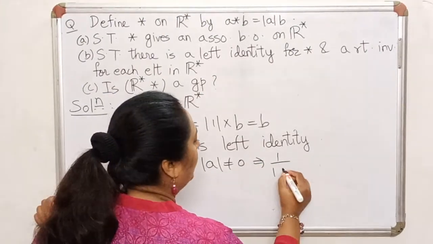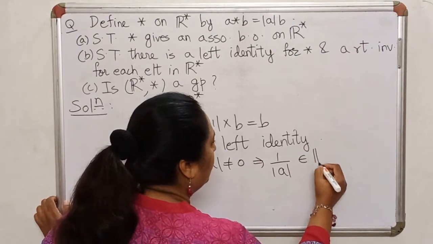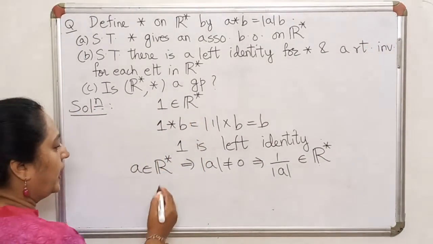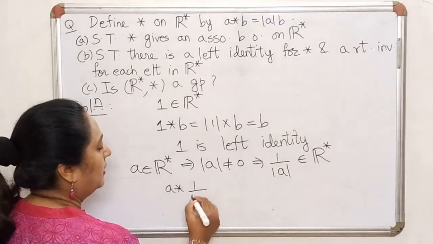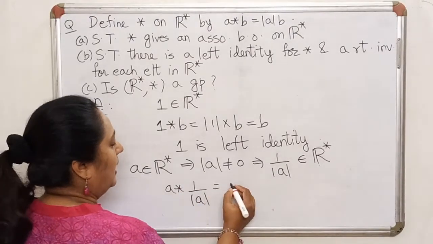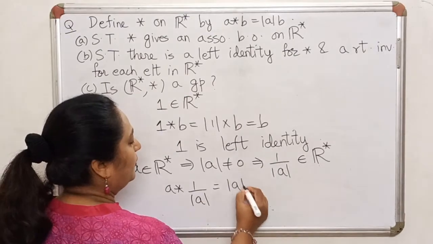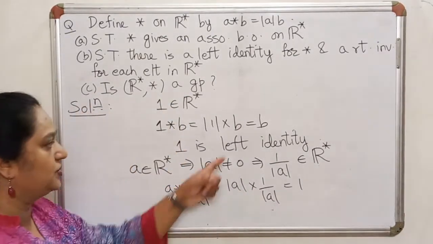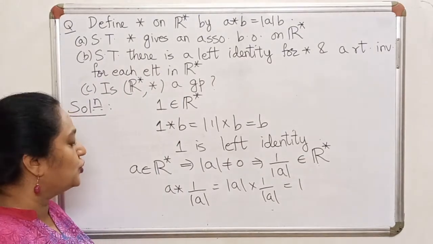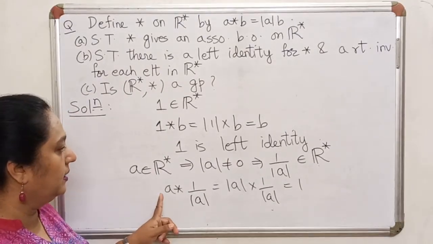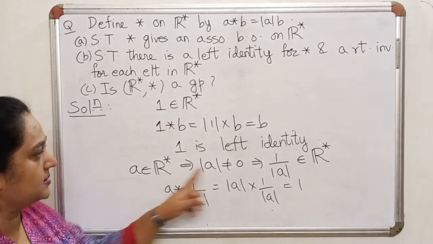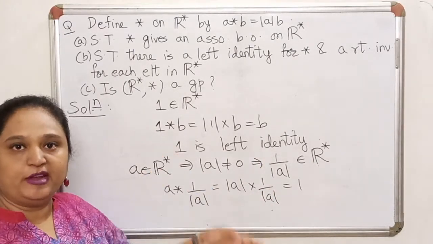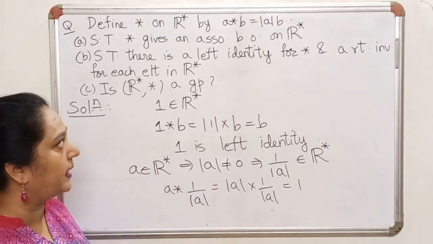So if you look at 1 upon modulus of A, that is defined, and it is a non-zero real number. Now if you look at A star this element, then I will get modulus of the first number multiplied by the second number. I get 1, which is my left identity. So here every element has a right inverse. So I have a mixed combination of left and right, left identity and right inverse.